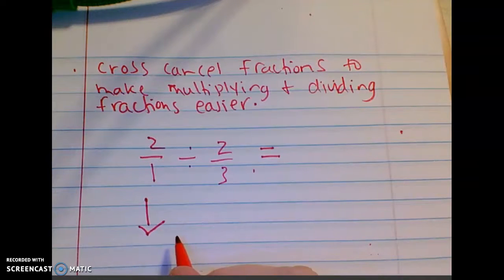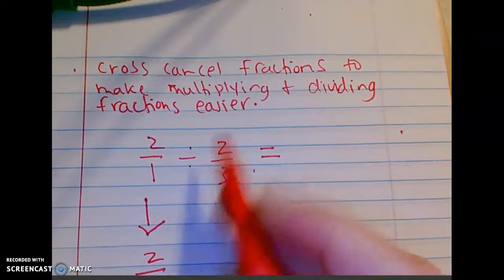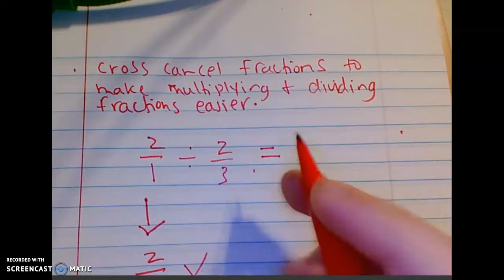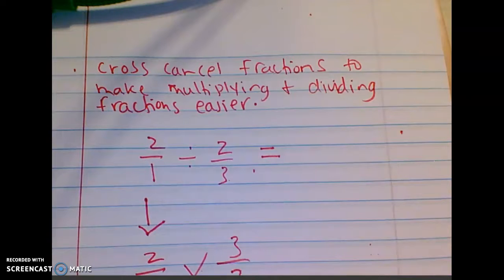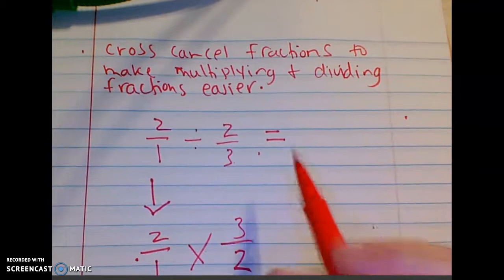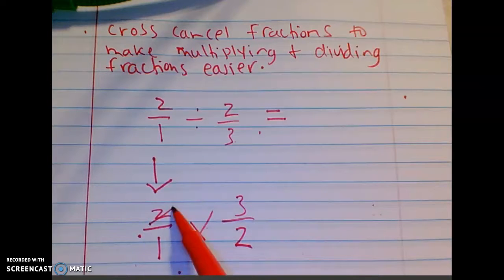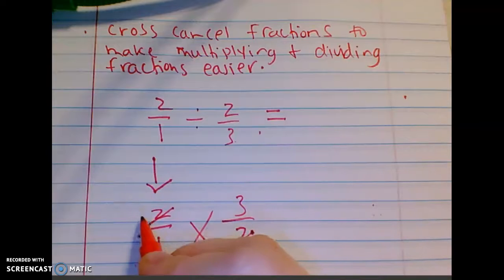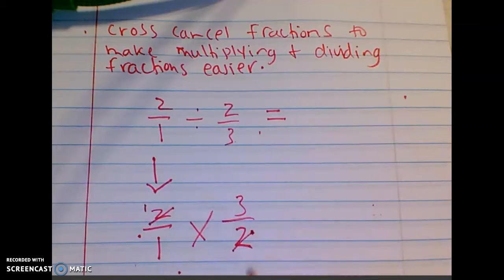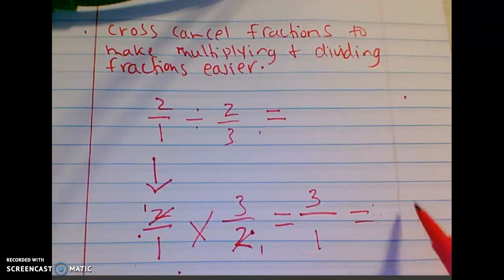I would bring down my 2 over 1 and then I change my division to multiplication. I'm going to flip this here. And if I'm using this cross canceling method, I'm going to mark off these here, right? And that leaves an imaginary 1 there. And that gives us 1 times 3 is 3, 1 times 1 is 1, and that equals 3.